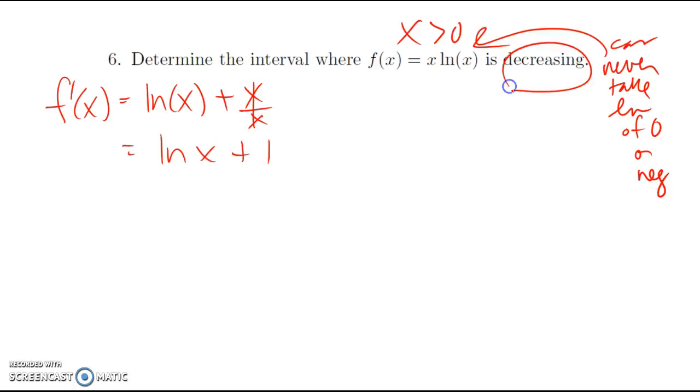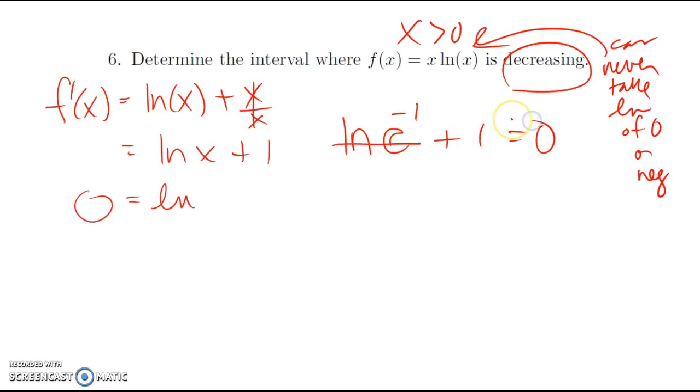So we want to know, where is this decreasing? So where is this thing negative? This derivative equals 0 when x equals e to the minus 1, because watch, natural log of e to the minus 1, these are inverse functions, they cancel out, right? Plus 1, or negative 1 plus 1, is 0.